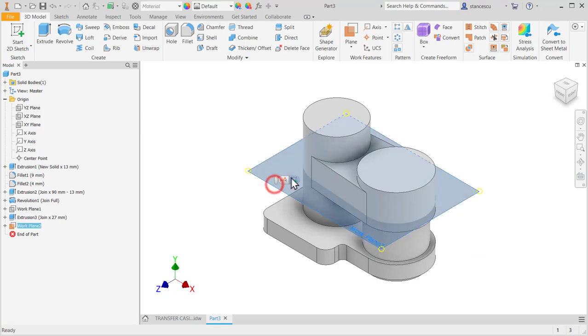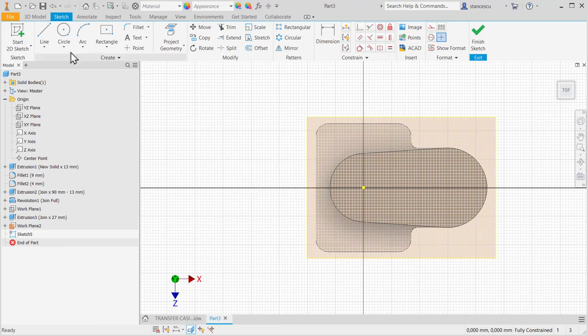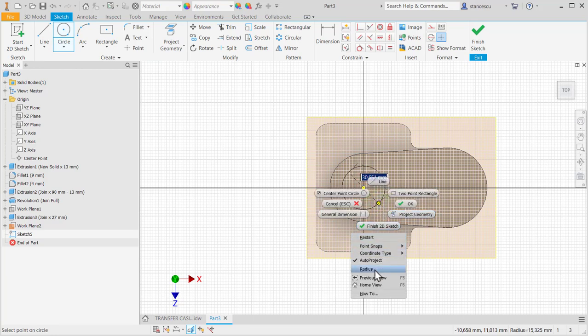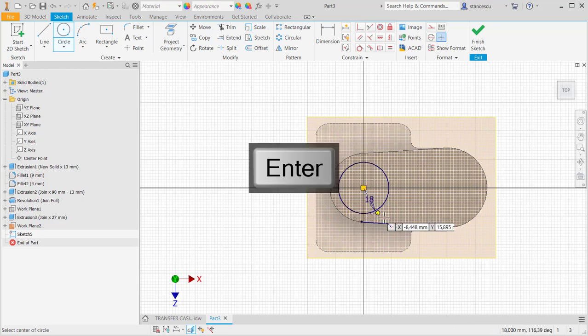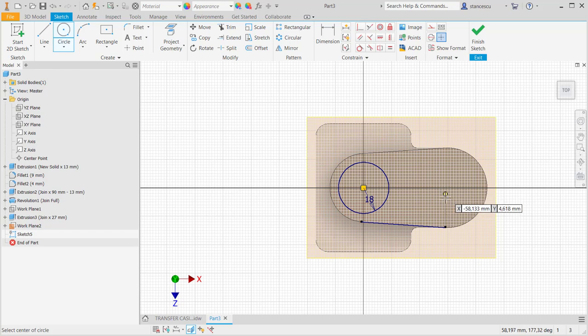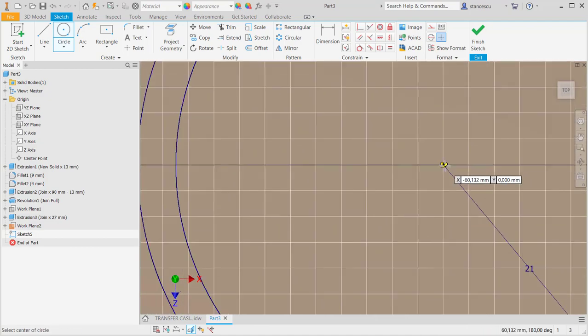Sketch, F7, circle with radius of 18, another circle at this point with a radius of 21. But let's be sure, yes, it is.